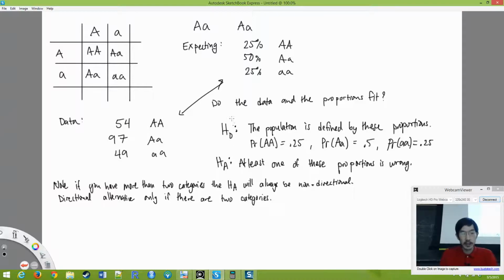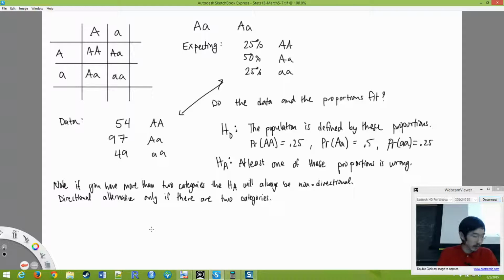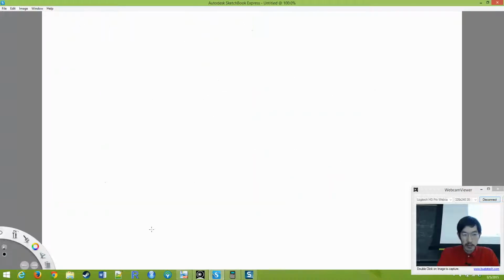So how do we test the fit between our data and what we expected? Okay. So we will go through doing the actual test. All right, so the chi-squared statistic is defined by observed minus expected squared over expected.